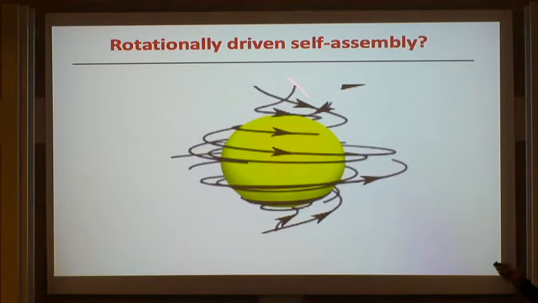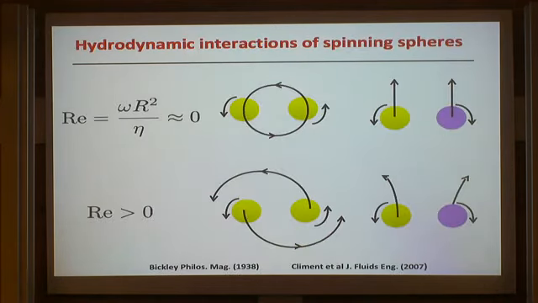So the second system that I will describe very briefly is whether you can have self-assembly in a very, very simple system, just rotationally driven spherical particles. And for those of you so inclined, now the Reynolds number matters, so here the inertial effects are important.